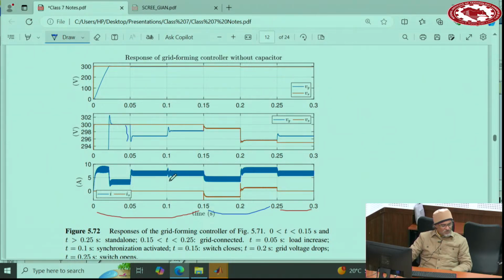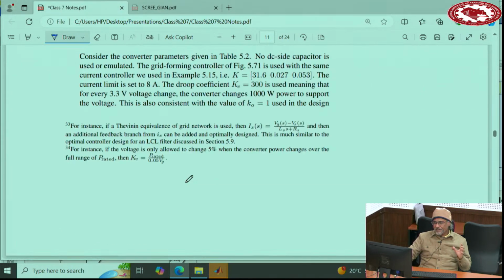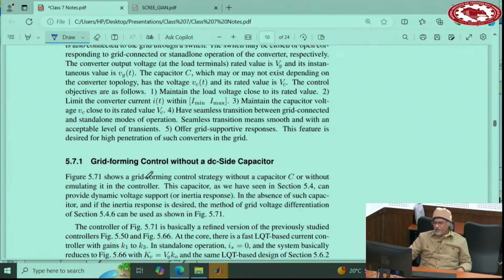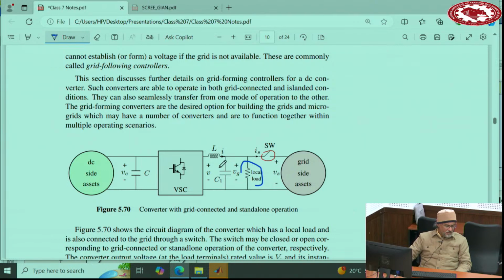The job of this synchronization term, and we have this concept very much in AC, we discussed that in AC in more detail, is that it looks at this voltage and this voltage, takes the difference between the two, and brings the difference to the feedback loop. The feedback loop will push these two voltages close to each other, so now you can connect the grid switch.